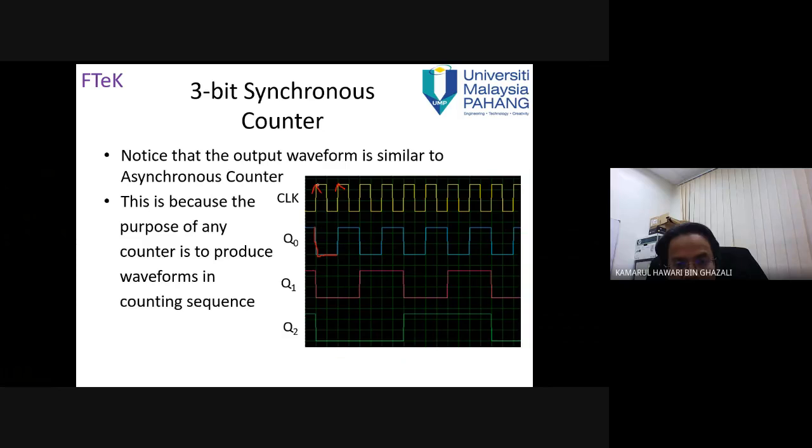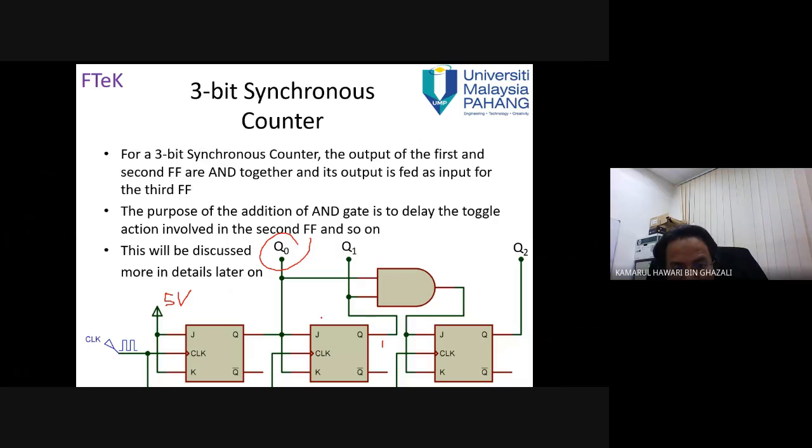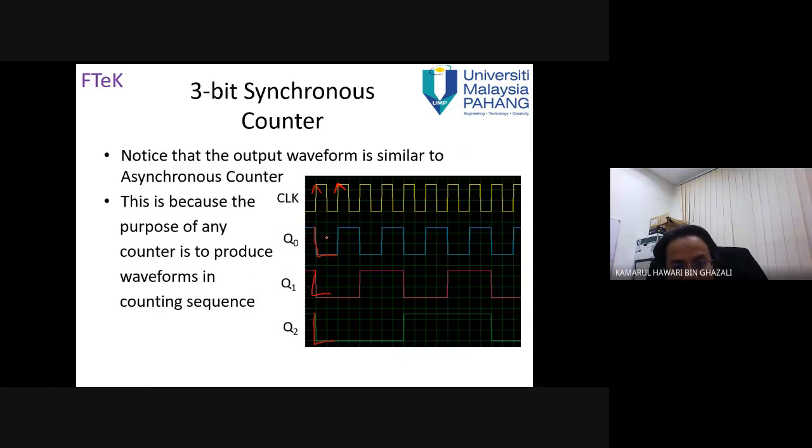That's why you see there is only one clock, so all of them get the output triggered together. So next, let's look at the next clock. This is Q0. At the next clock, Q0 will have the output here.